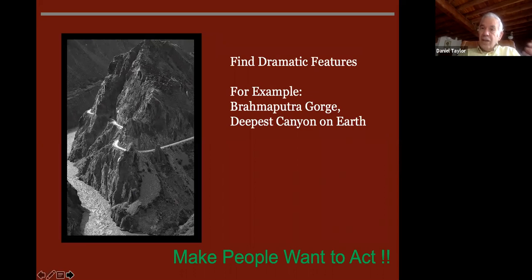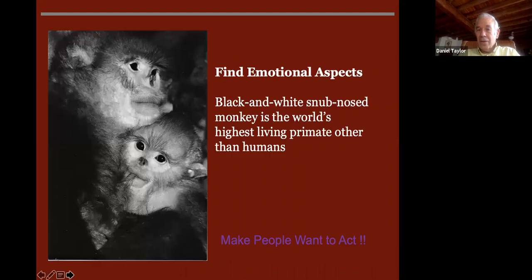But in order for that extension to happen, in order to make people want to act instead of being acted upon because some big authority of government or some money agencies are making it happen, you've got to find dramatic examples that cause people to become excited. And in this case, it was the deepest gorge on the planet. It's 5 miles from the top to the bottom. Imagine in one valley looking up and down 5 miles. Or find emotional aspects, stories of people that tear open their passions.